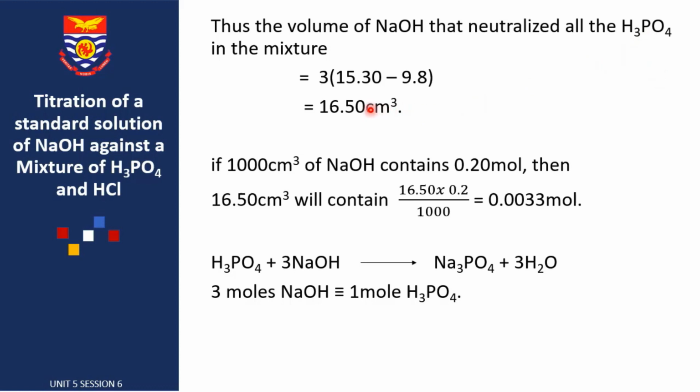We know the concentration of the base, so we will convert this into moles and find the mole ratio. From the concentration, if 1000 cubic centimeters of the sodium hydroxide contains 0.2 moles, then this 16.5 that we have used will contain how many moles?